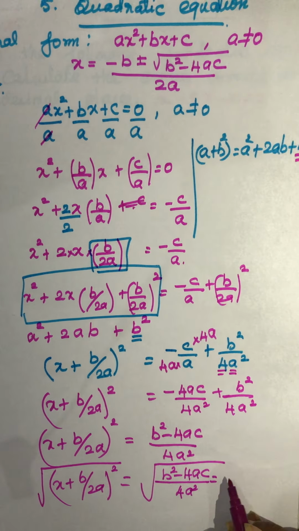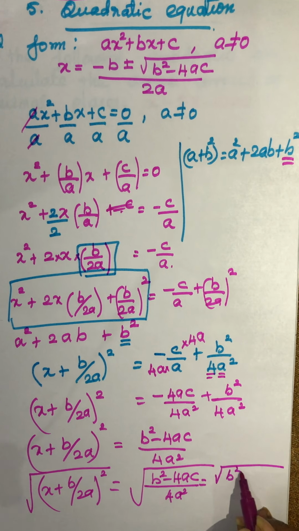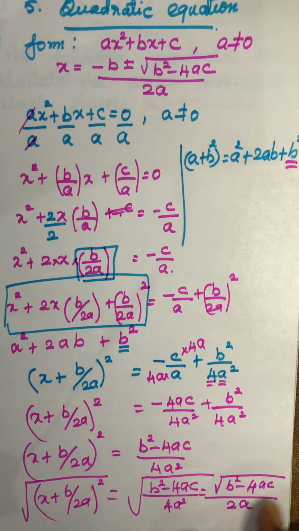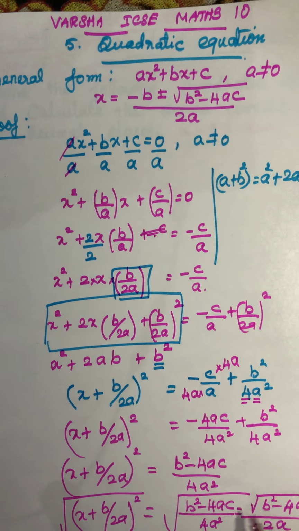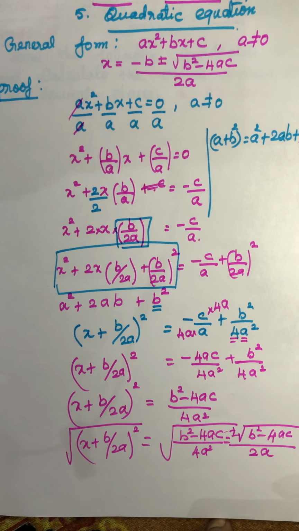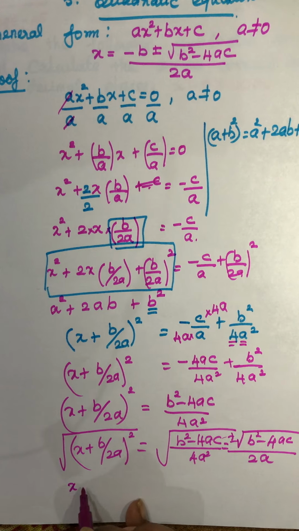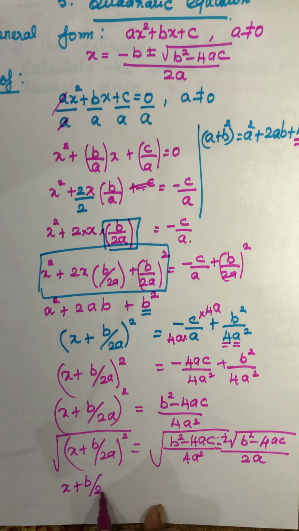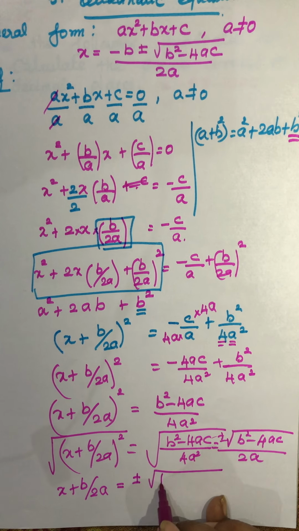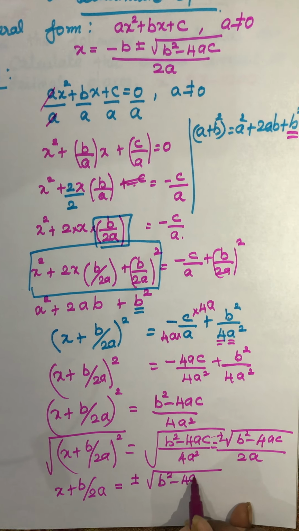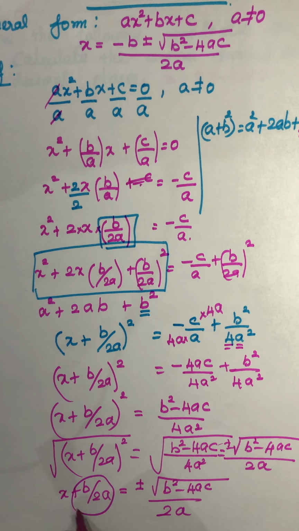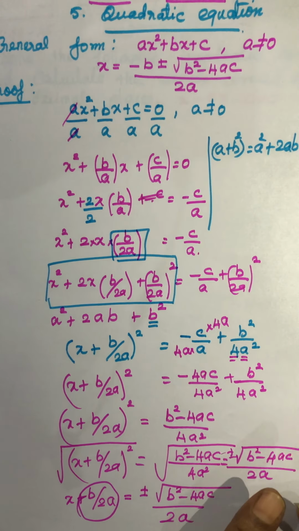So take the square root. So this is root of b square minus 4ac by 2a. When you have a square root, you have to give 2 signs, that is plus or minus. So this is x plus b by 2a equal to plus or minus root of b square minus 4ac by 2a. So you shift this b by 2a to that side.